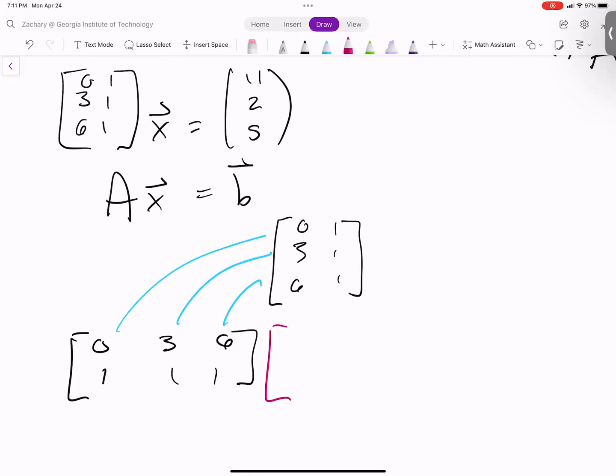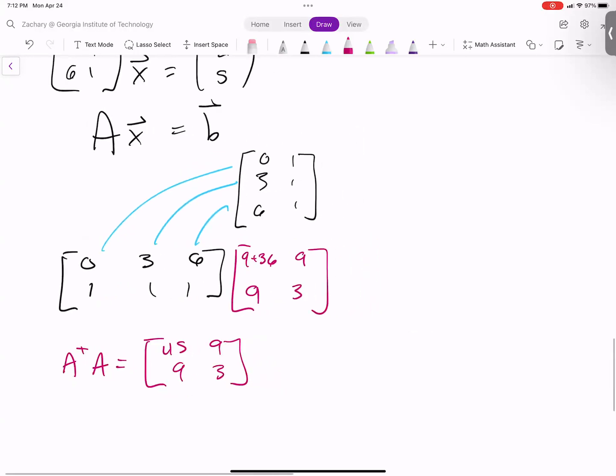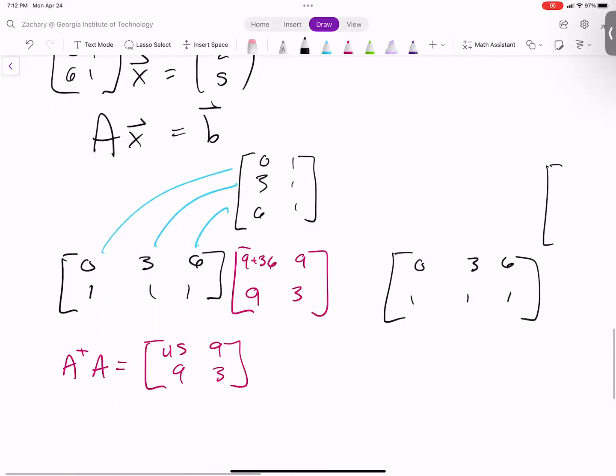That gives me my product: 9 plus 36, 9, 9, 3. So A transpose A is equal to 45, 9, 9, 3. And next we have to make sure we do A transpose B as well. So 0, 3, 6, 1, 1, 1, and B was 11, 2, 5.